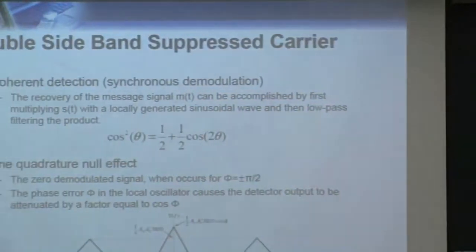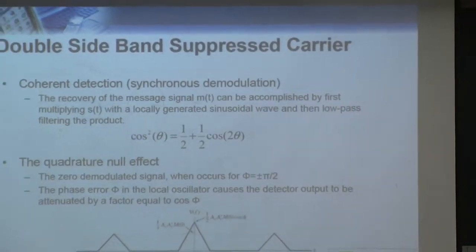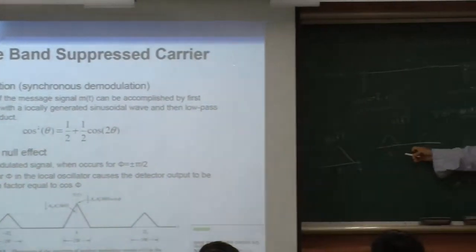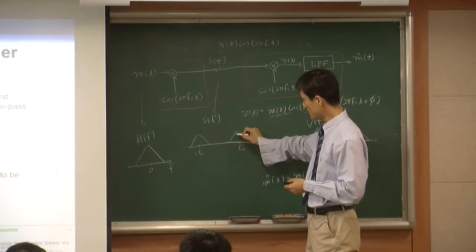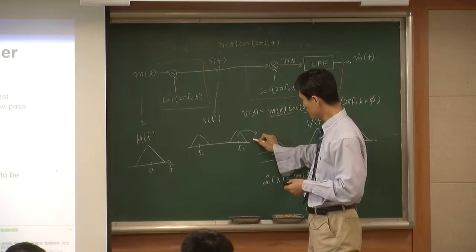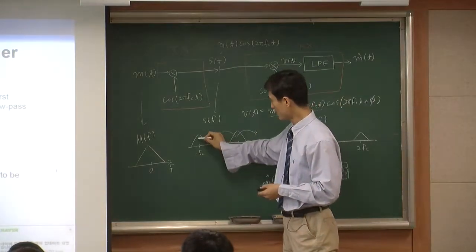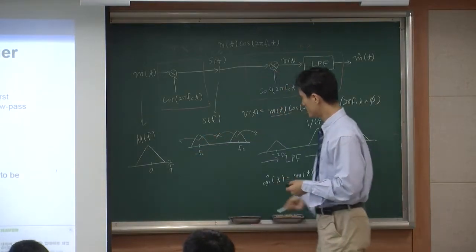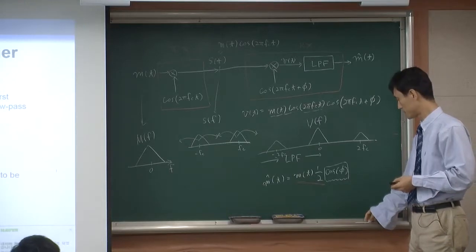That's V(f). Okay? Why is that? Because you are multiplying by cosine again. When you multiply by cosine, this guy moves to 2fc and also to 0. Same for this guy. This guy also moved to here and also here, right? So that's why you see this picture in frequency domain.